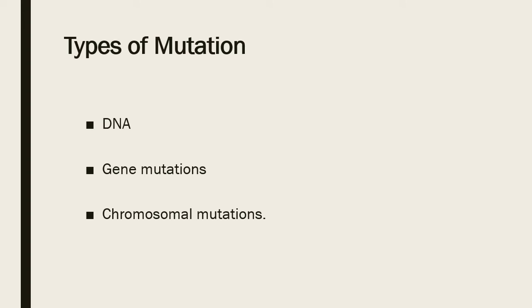What are the types of mutation? As I have told you, mutations are changes in the genetic material. DNA, deoxyribonucleic acid, is the genetic material, and if there is a change in DNA, the whole genetic material will change, with consequences in the coming organisms.